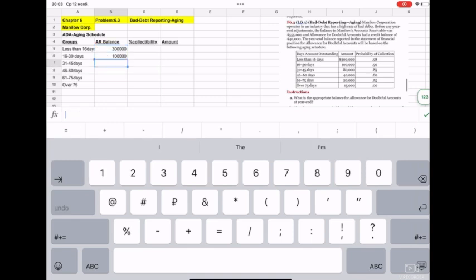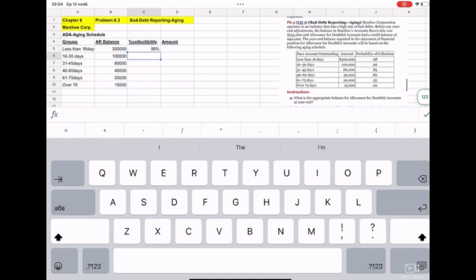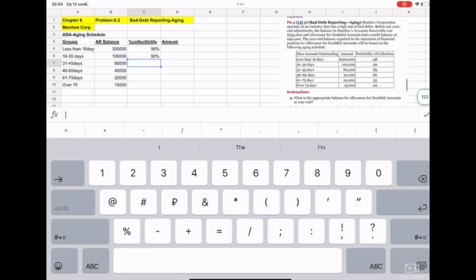And here we will start calculating the amount. Here is the formula. AR balance, and here 1 minus the collectibility.